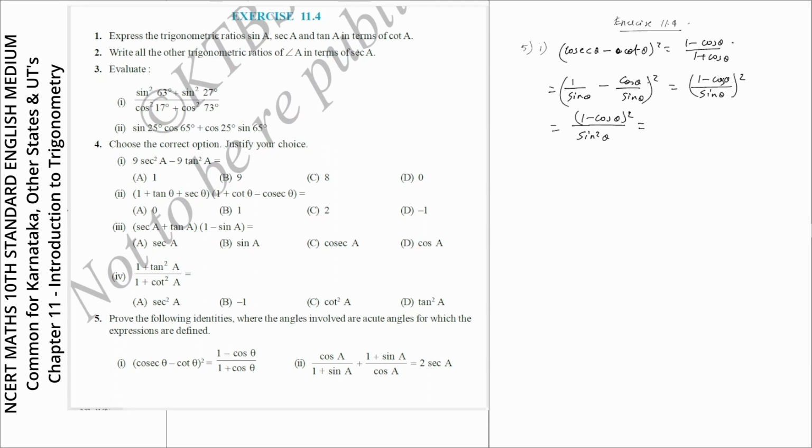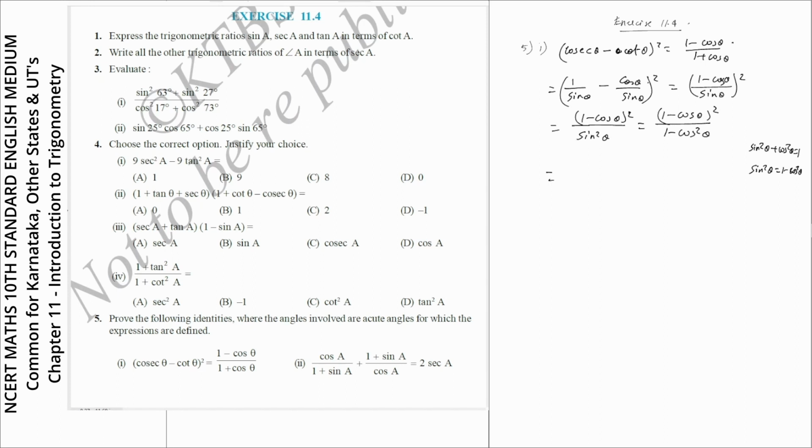Now the denominator sin square theta I can write as 1 minus cos square theta, because from the identity we know that sin square theta plus cos square theta is equal to 1. Therefore sin square theta is equal to 1 minus cos square theta. The numerator I'll write as it is, 1 minus cos theta the whole square.